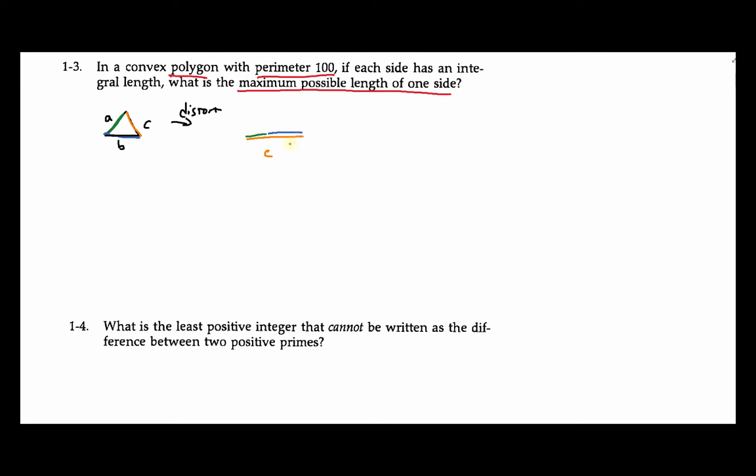So what this tells us is that C in the triangle, or our largest length, has to be smaller than the sum of A and B. So A plus B has to be greater.